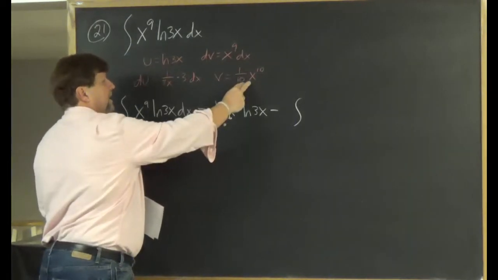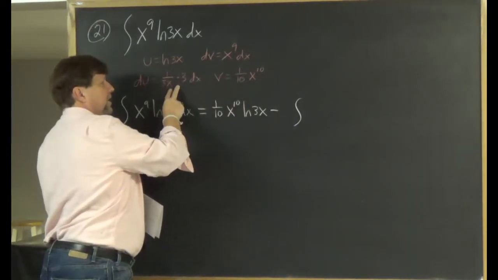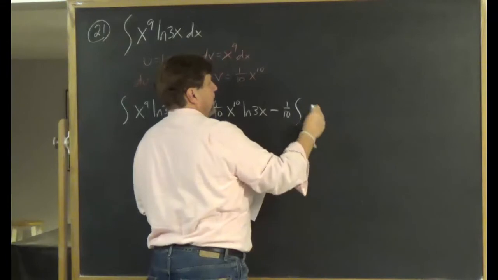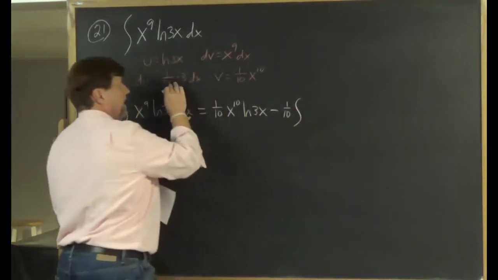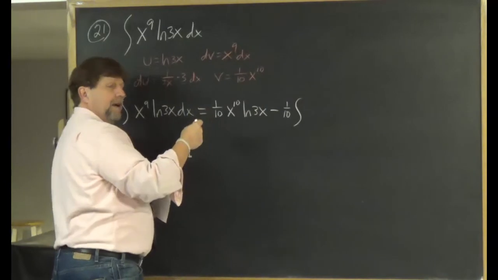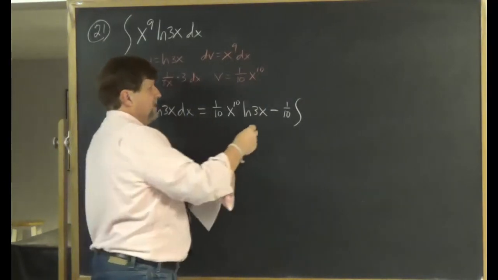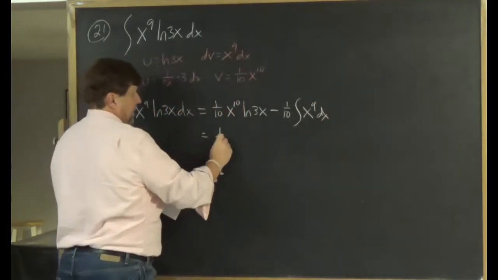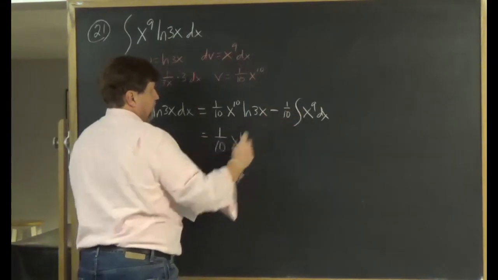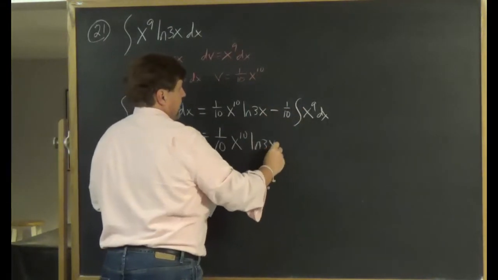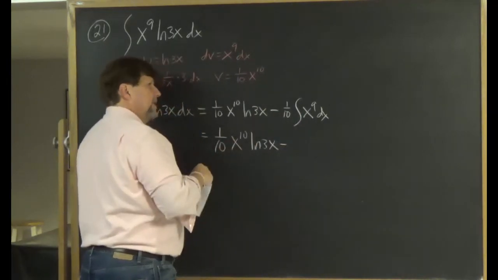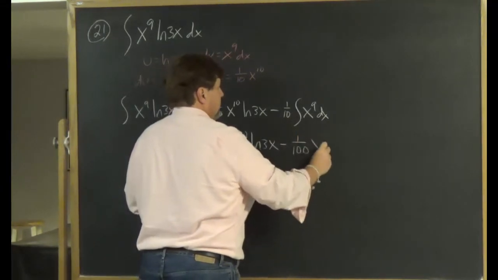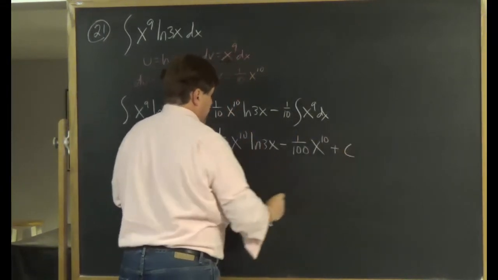So v is 1/10 x to the 10th, du is 1 over x dx, so I'll rip this 1/10 out front. So I'd have x to the 10th times 1 over x, which simplifies to x to the 9th dx. And that's a pretty friendly integral to take care of. The antiderivative is 1/10 x to the 10th, so 1/10 times 1/10 is 1 over 100, x to the 10th plus c.